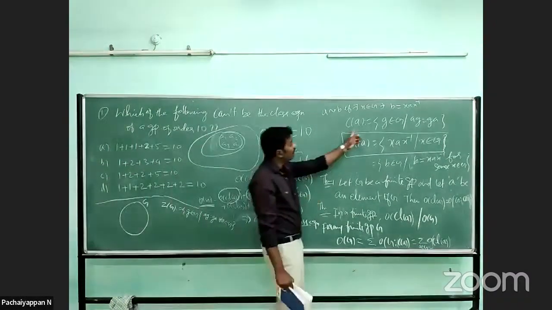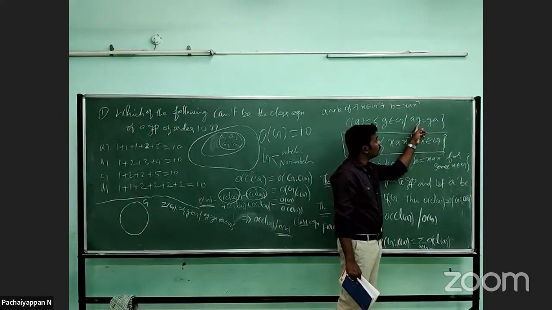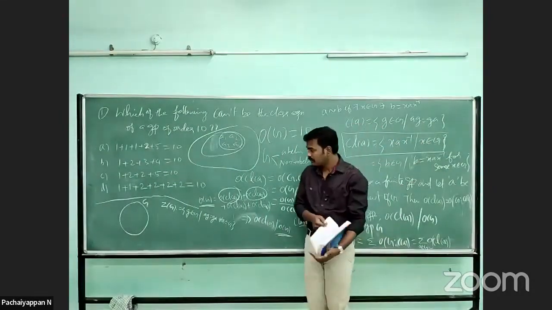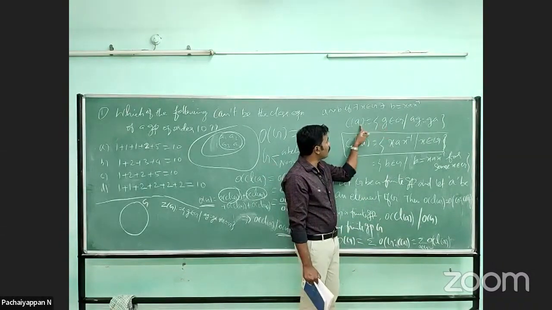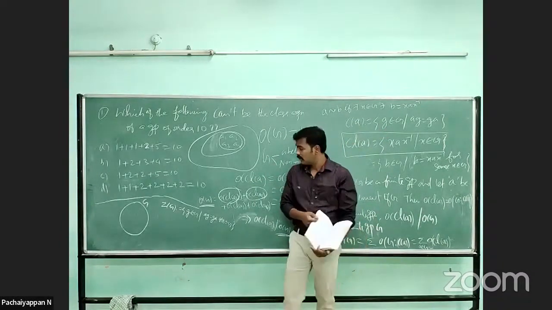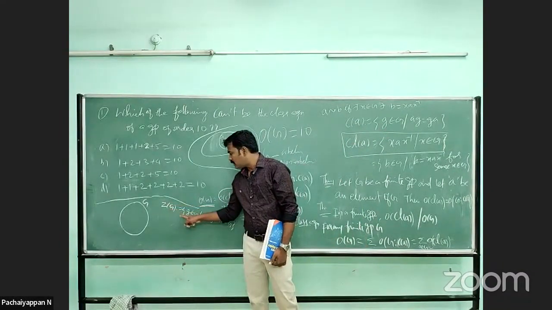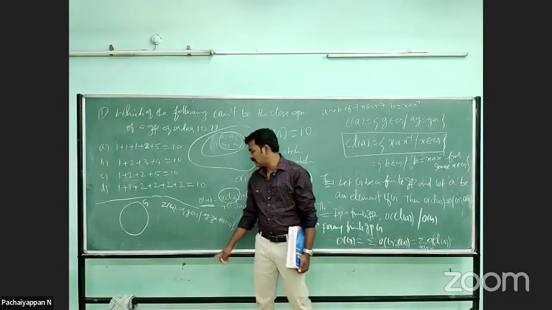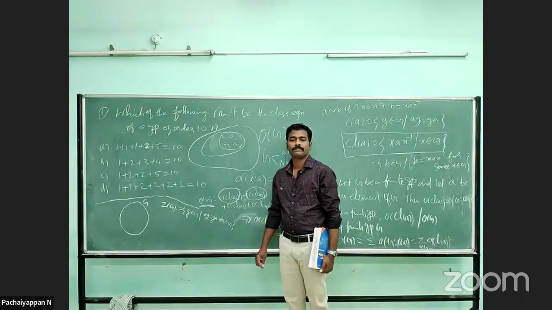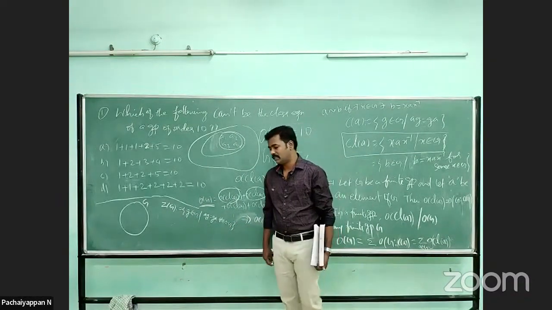C of A means commute with only A. Collect elements that commute with only A. Here, Z of G: you have to collect elements that commute with all elements. That is called center of G.